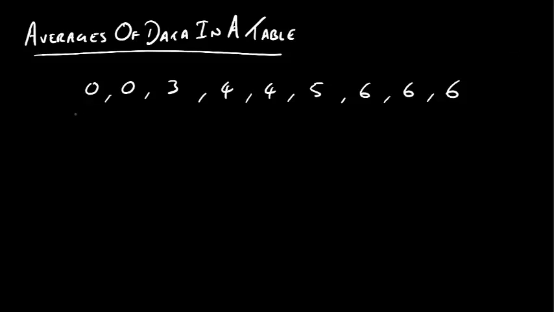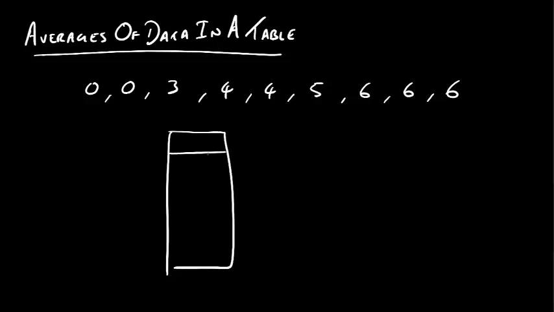Okay, so let's say I have this data set in front of me: 0, 0, 3, 4, 4, 5, 6, 6, 6. And I want to try and represent this in table format. I'm going to have one column in my table which just simply has these numbers in, and I'm going to call that column X. I've got 0, that's one of the digits I can have.